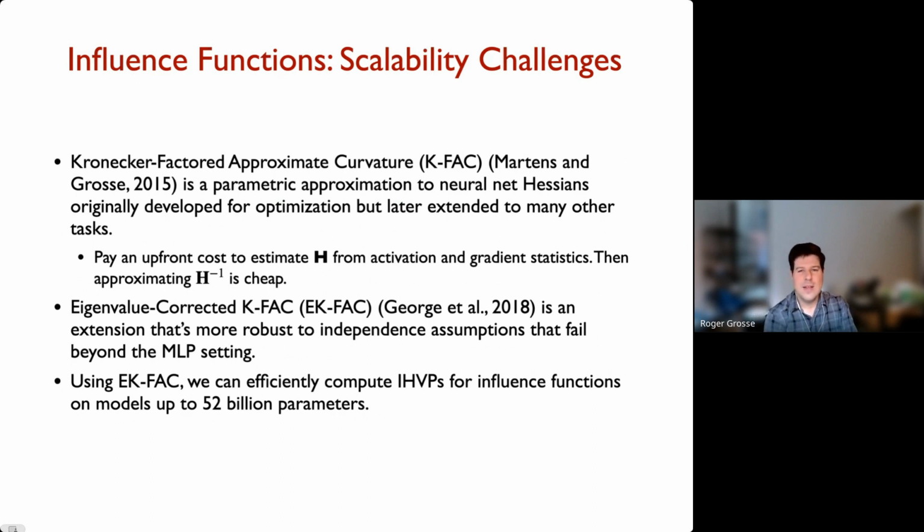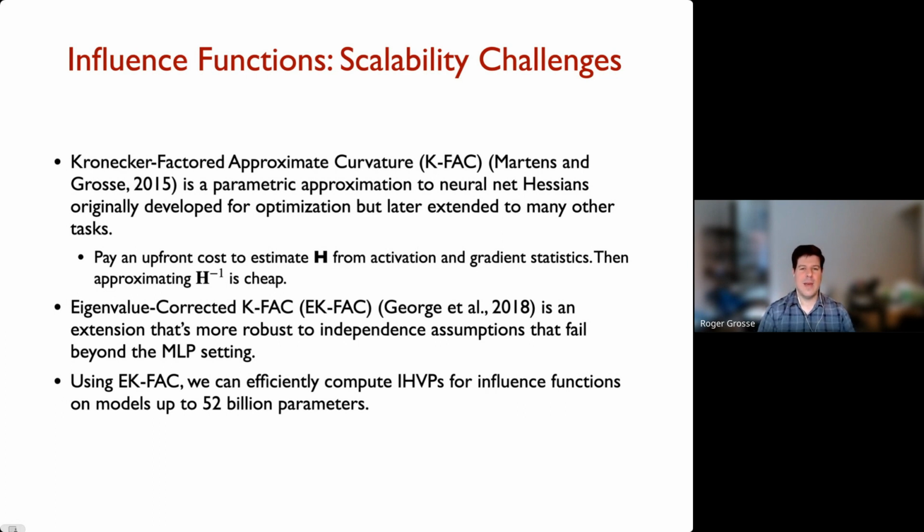Well, the technique that we use is an algorithm called Kronecker-factored approximate curvature, or KFAC, which we developed originally for the purposes of optimizing neural nets. But KFAC, at its core, is really just an approximation to neural net Hessians, or equivalently an approximation to neural net Fisher information matrices. It was developed for optimization, but it's been extended to many other tasks. KFAC is a parametric approximation to the Hessian.